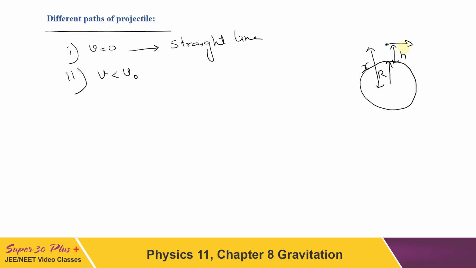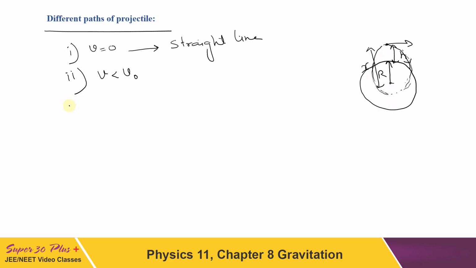The particle will strike the Earth's surface. It will come here and strike the Earth's surface, but the path has to be elliptical. If I draw the whole ellipse, it will be like this, where the center of Earth has to be at one of the foci.